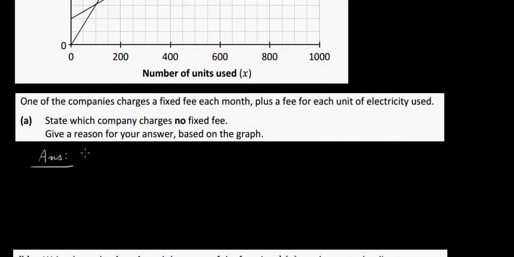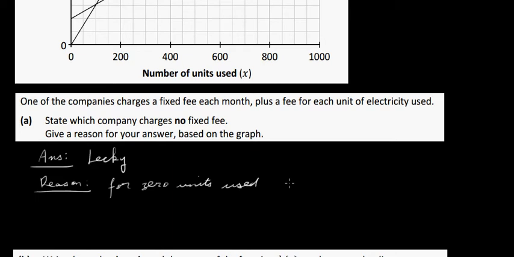This is Lecky, and the reason is that for 0 units used, the school pays 0 euros.